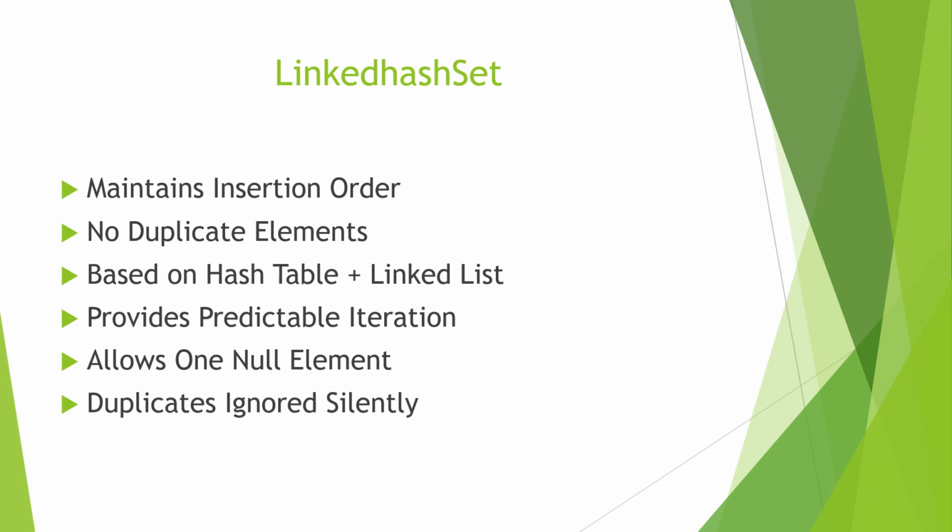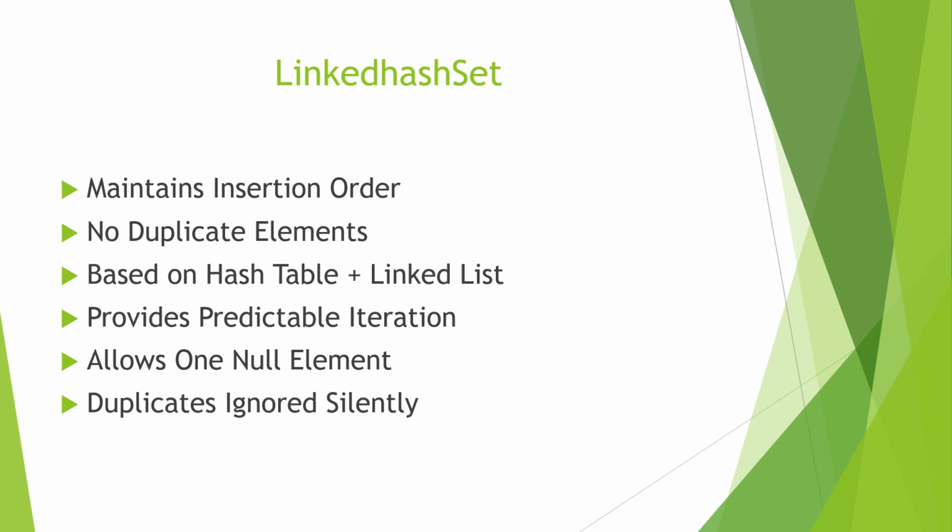So let's see the next one, which is LinkedHashSet. The difference over here is that in HashSet, whenever an element is added, no order is maintained, but in LinkedHashSet, insertion order is maintained. Duplicate elements are not there because it is the property of the Set interface that no duplication is allowed.